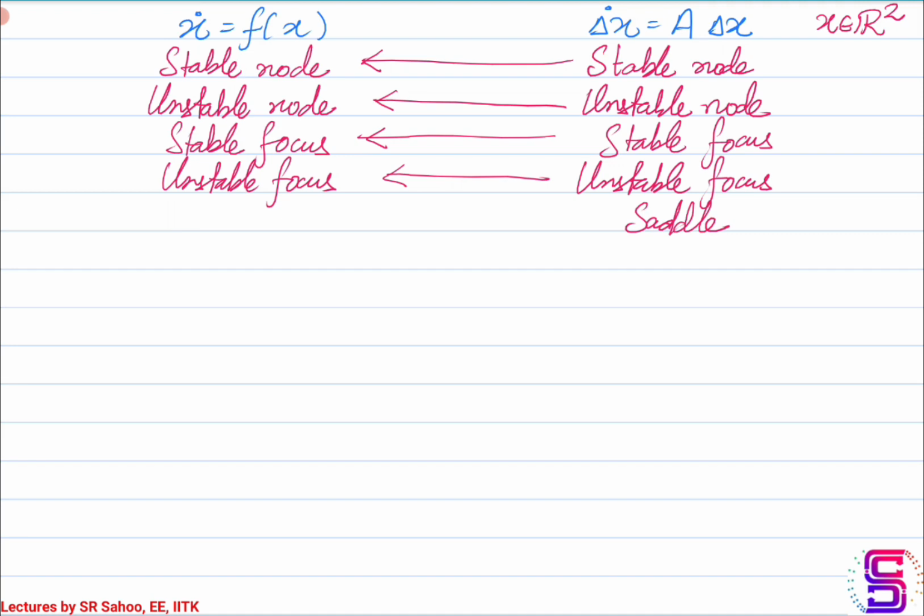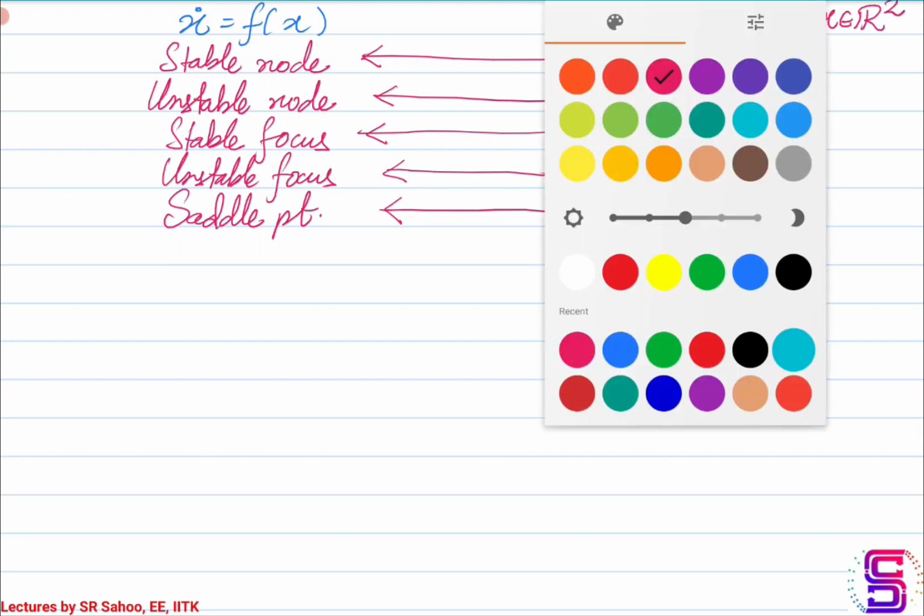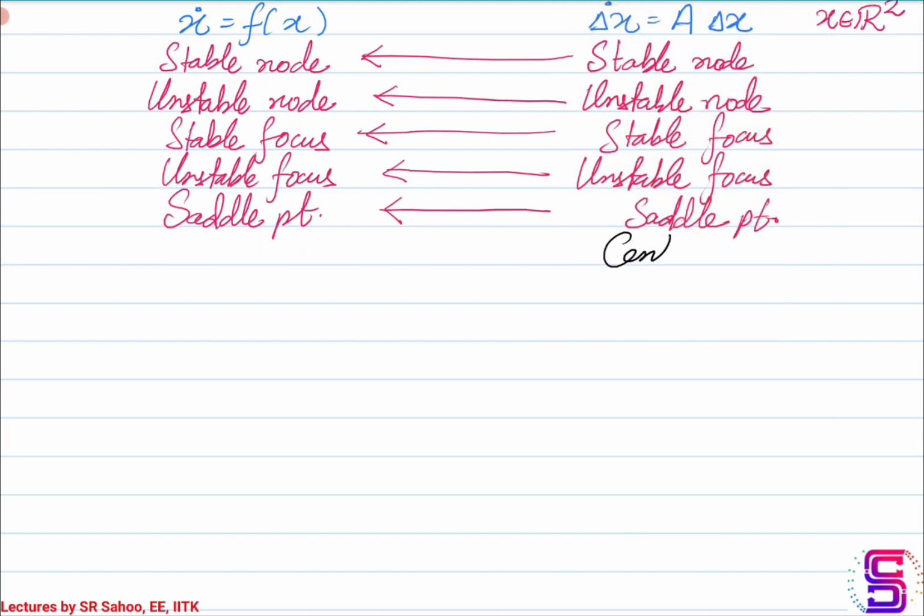If it's a saddle point for the linear system, then the equilibrium point x star will have saddle point behavior for the nonlinear system. But if 0 turns out to be a center, which means A has purely imaginary eigenvalues, then we cannot conclude anything about the stability from the linearization.